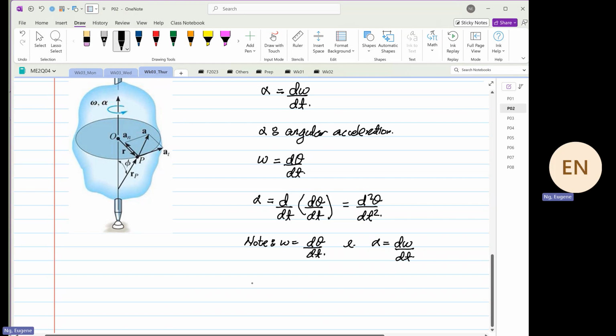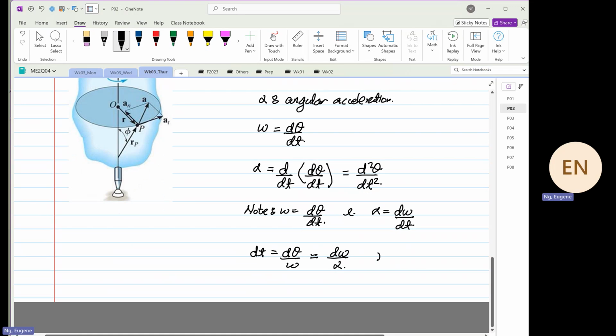So from here, dt can be equal to d theta over omega, and this will be equal to d omega over alpha. So finally, we can have a relationship where the angular acceleration multiplied by d theta is equal to omega d omega. This is another relationship that we can get.